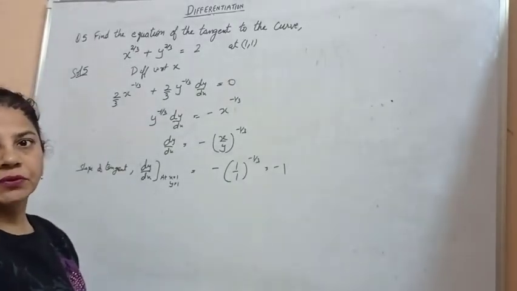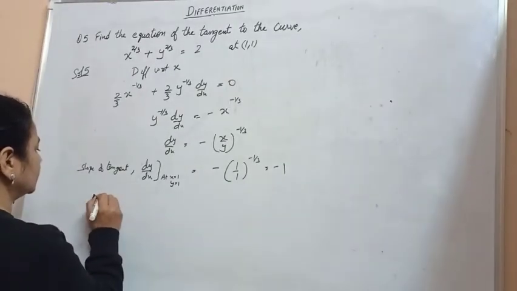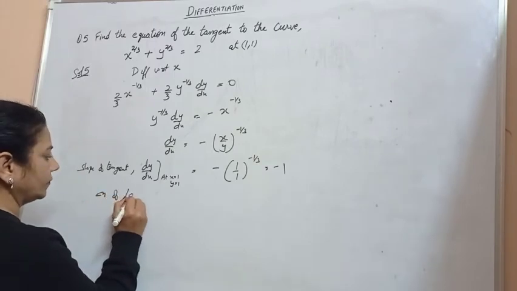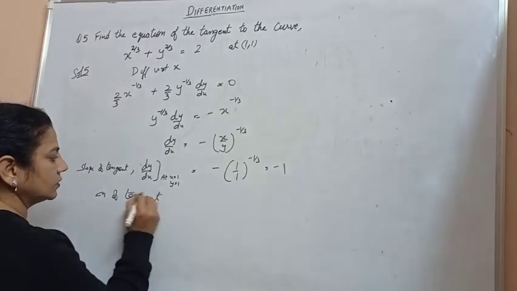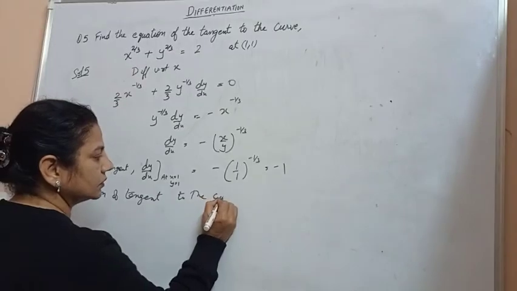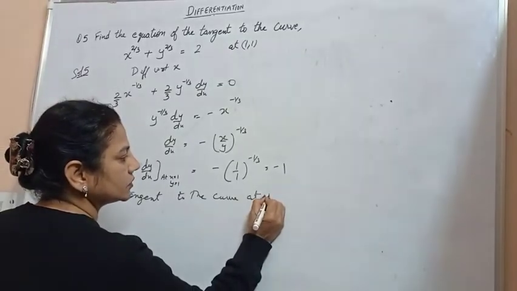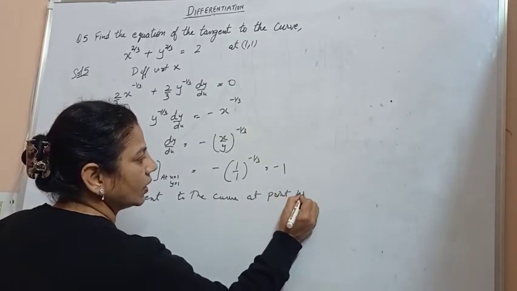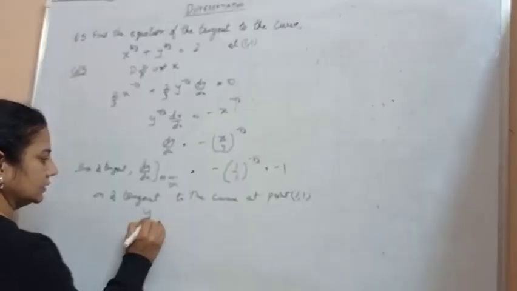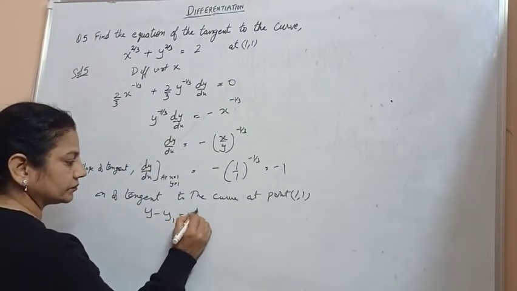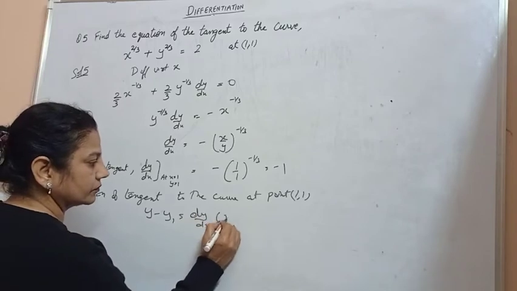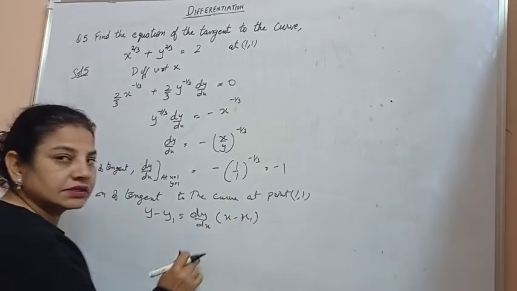We have to find the equation of the tangent to the curve. So the equation of the tangent to the curve at point 1, 1 is given by the general equation.